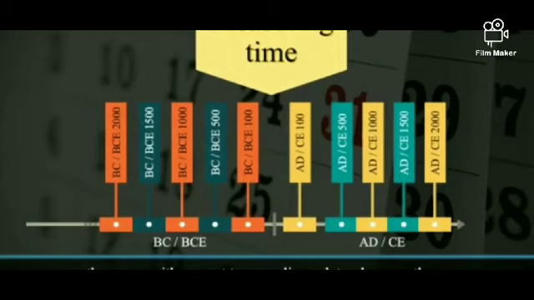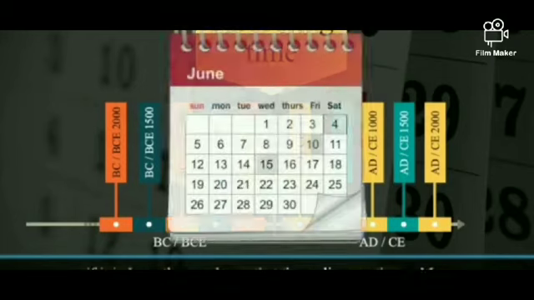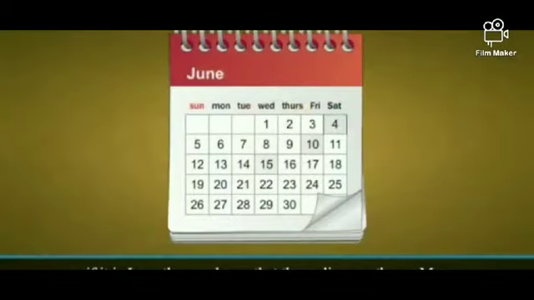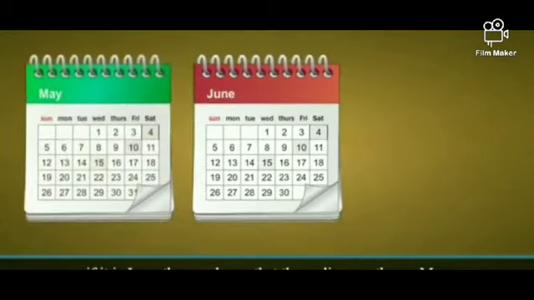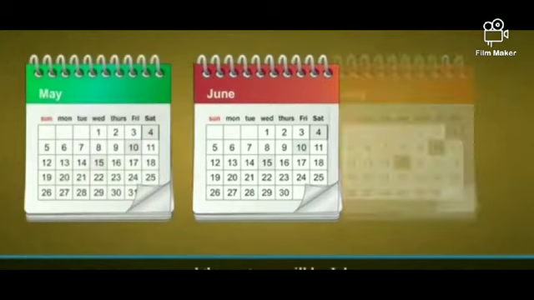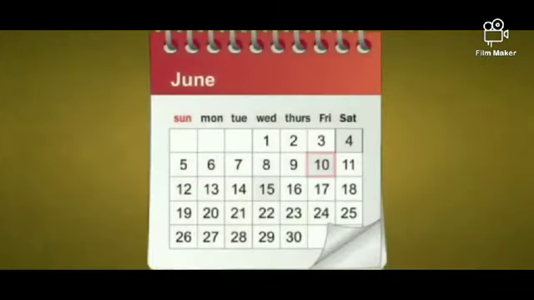So students, if it is June, then we know that the earlier month was May, and the next one will be July. Also, if today it is 10th of June, then we can tell that tomorrow will be 11th of June and yesterday was 9th of June.